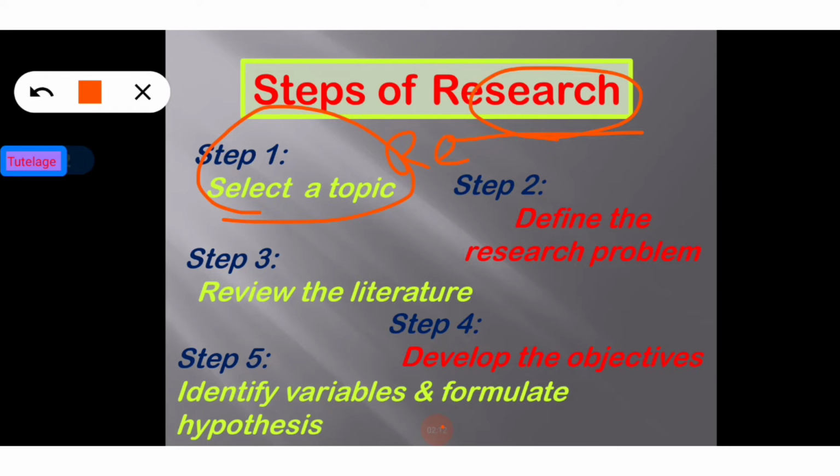The first point, the topic should not be too narrow or too vague. Number two, the researcher should be familiar with the topic. Number three, the topic should be feasible. Research guides or experts in the field can be consulted to know about the feasibility of the topic.